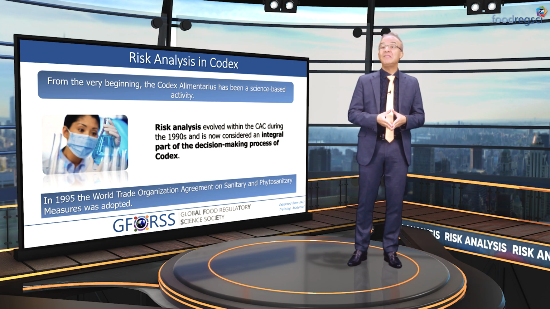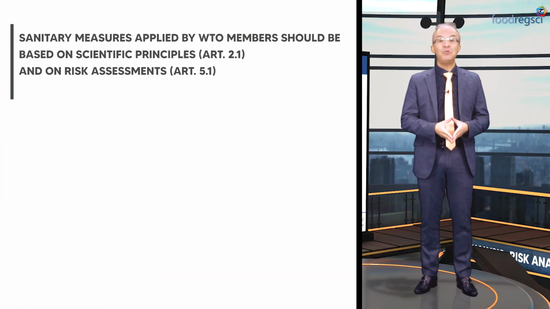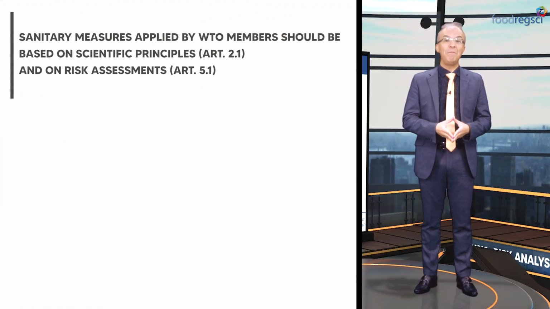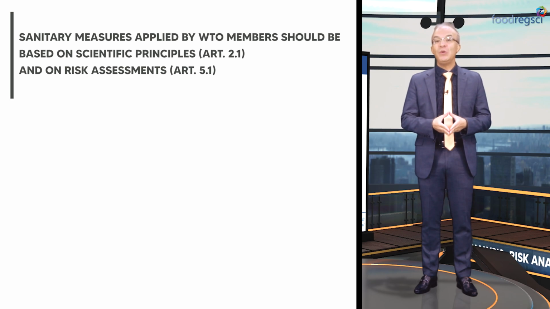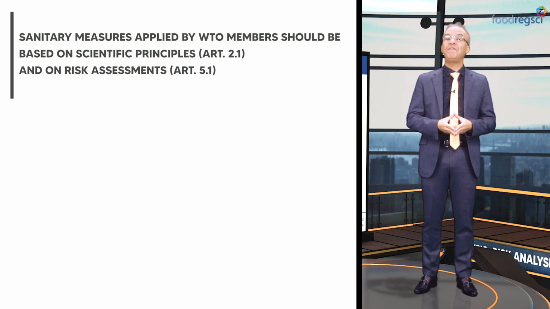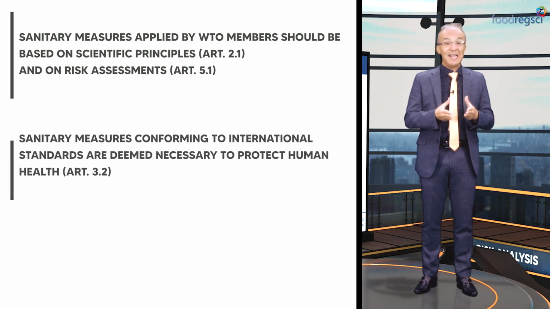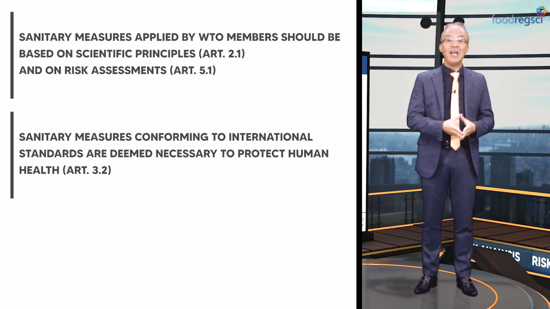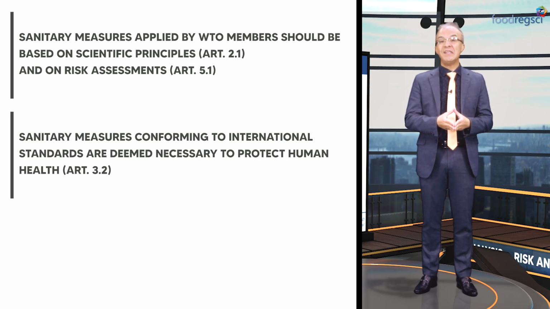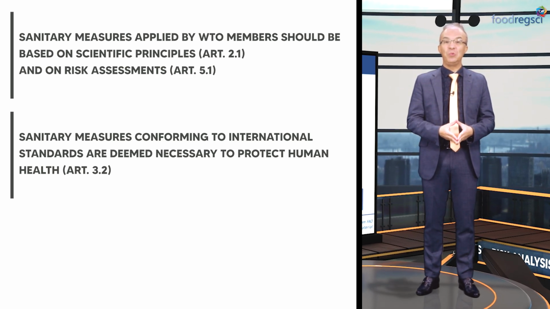The SPS Agreement states that sanitary measures applied by WTO members should be based on scientific principles, that's in Article 2.1, and on risk assessments, that's in Article 5.1. It also states that sanitary measures conforming to international standards are deemed necessary to protect human health, and that's in Article 3.2.